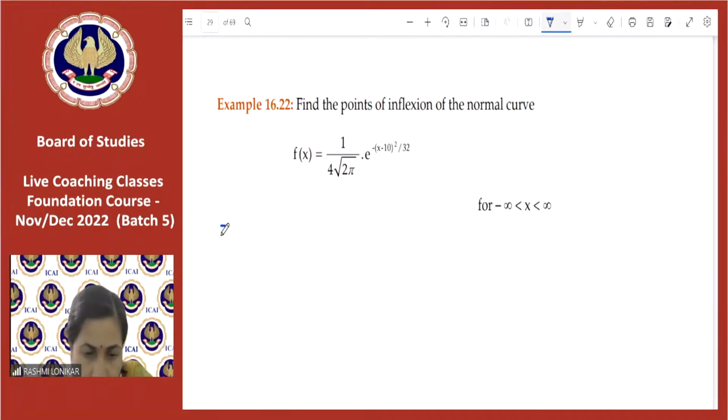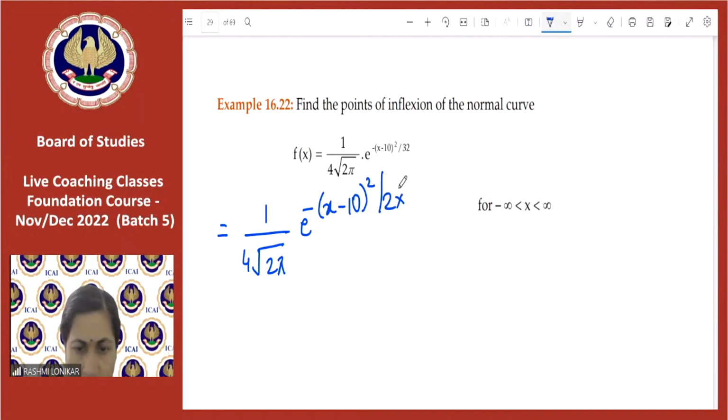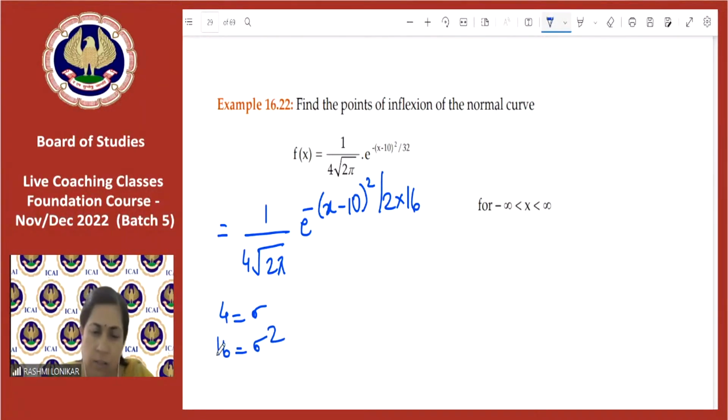This can be written as 1 upon 4 square root of 2 pi into e raised to minus (x minus 10) whole square upon 2 into 16. How much is this? 32 will be 2 into 16. Okay, so 4 is sigma and 16 is sigma square.